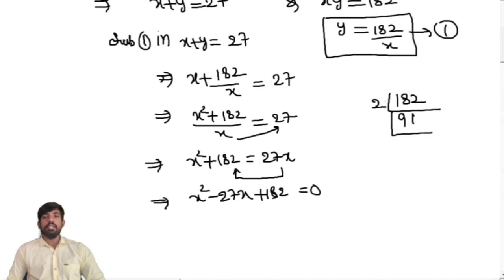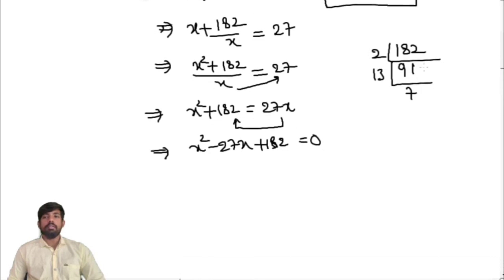So here 91 can be written as a multiple of 13 7s are 91. So can I write here 2 7s are 14, 14 into 13, you will get 182 only, right? If I add together, can I get 27? Yeah, absolutely, I am getting 27.